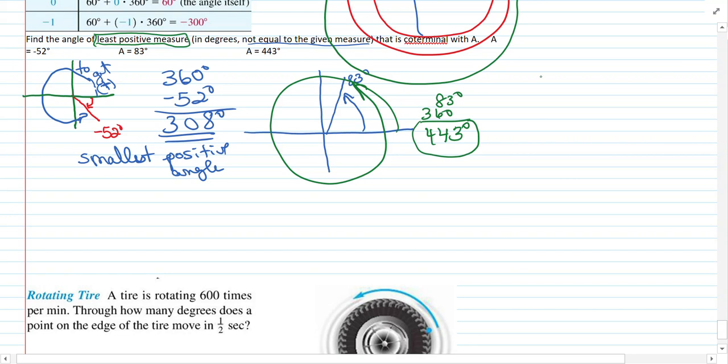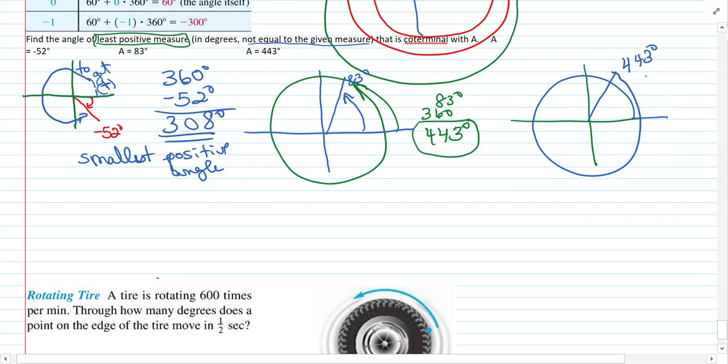Now this one says 443. Well, that is what I have right here, right? If I did the math right. So this means that I've gone this many to get right there. So this is greater than 360.